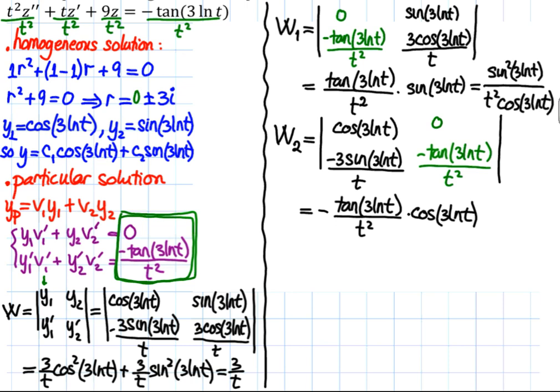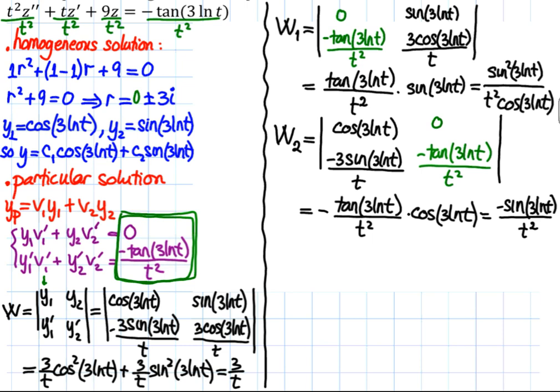Tangent is sine over cosine, where the cosine cancels out. So we just have negative sine of 3 ln t over t squared. So that is W1 and W2.